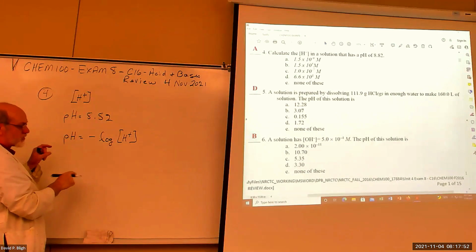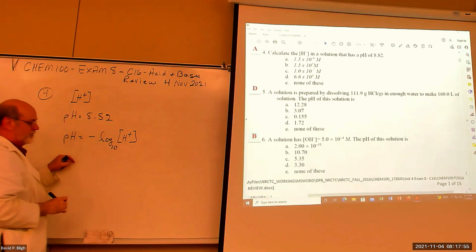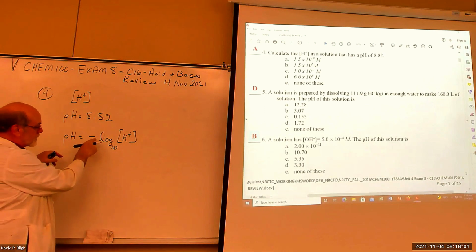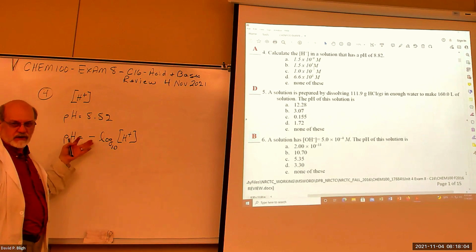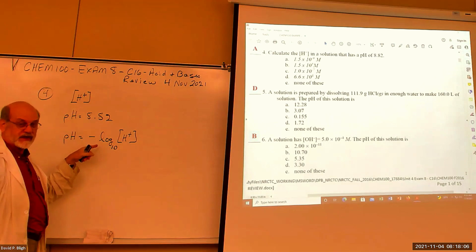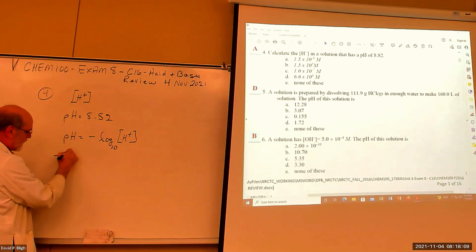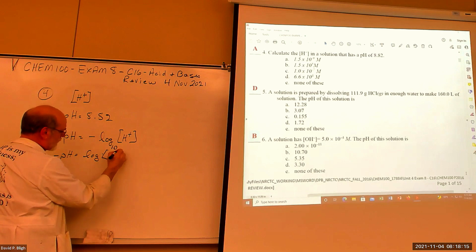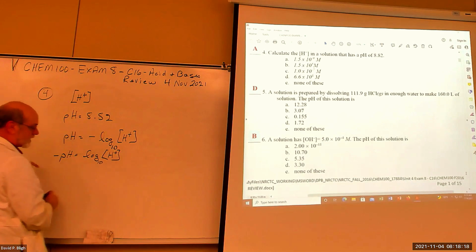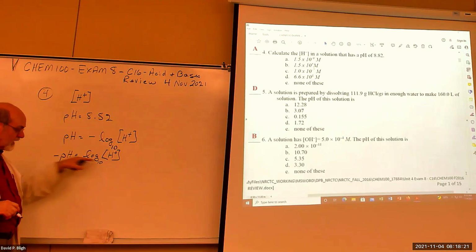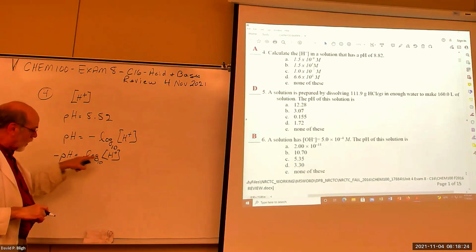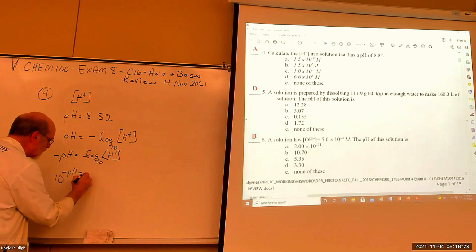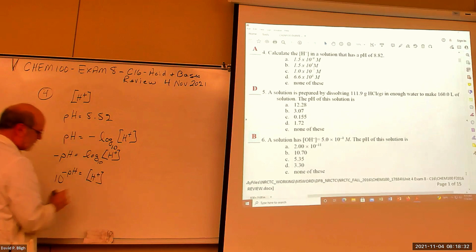So this log is actually, since it's base 10, this value, well, we need to move the negative sign over here because you can't do reverse operations here with a negative sign. So we have to say minus pH equals the log of hydrogen ion concentration, like that. So now, by definition, this log function is 10 to the minus pH equals hydrogen ion concentration.